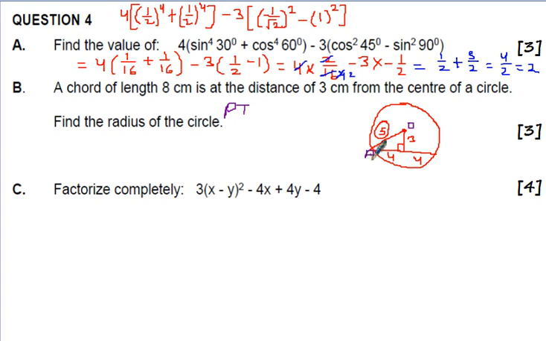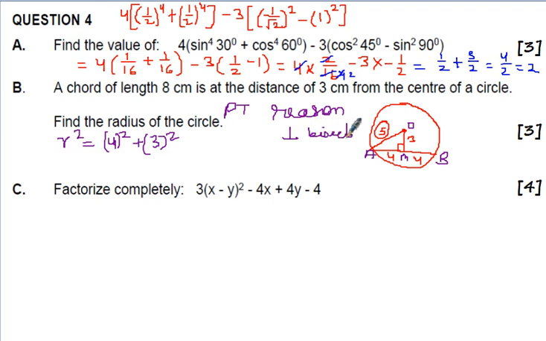You can write in the triangle also. Some children are very organized, ABC, and they find M. They write in triangle OMA using Pythagoras theorem, OA^2. So here radius square will be 4^2 plus 3^2. And before that you have to write one reason: perpendicular drawn from center to chord bisects the chord.